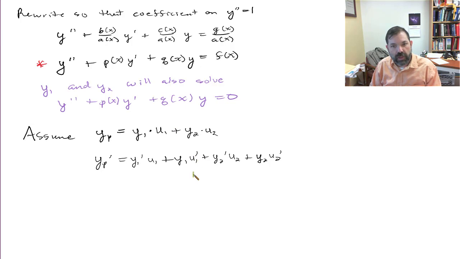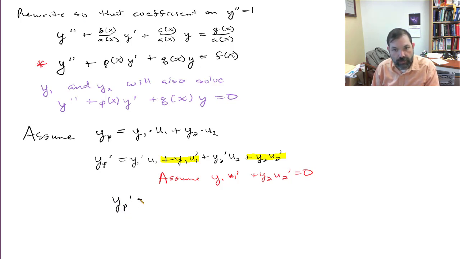We're going to make another assumption, and it turns out it's fine, it works out in the end, but we're going to assume that the terms that I'm highlighting here, the y1 u1 prime and the y2 u2 prime, let's assume that y1 u1 prime plus y2 u2 prime is equal to 0. And so then we'll use the form that y p prime is simply y1 prime u1 plus y2 prime u2.